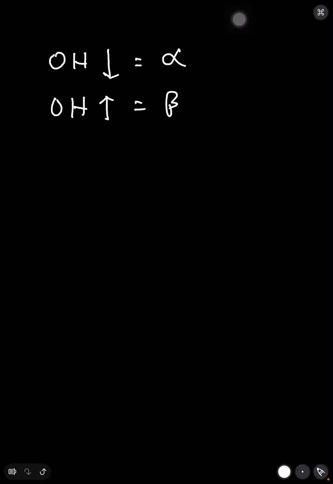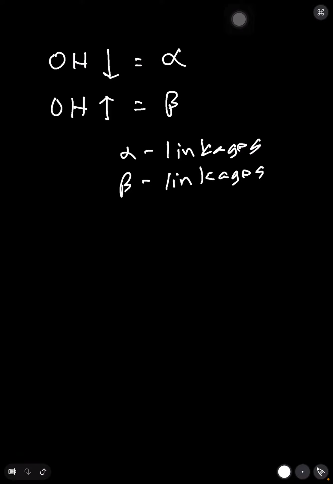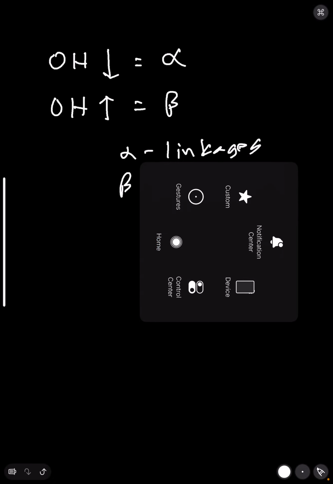That means we can make what we call alpha linkages and beta linkages. It all depends on whether we use an alpha or beta OH. As you might expect, if the linkage results from a beta OH, you have a beta linkage. If it results from an alpha OH, you have an alpha linkage.